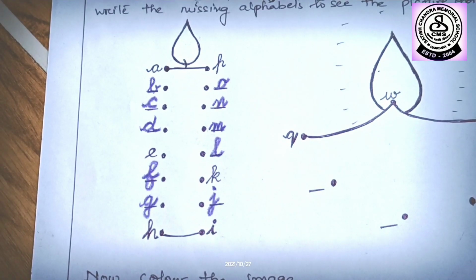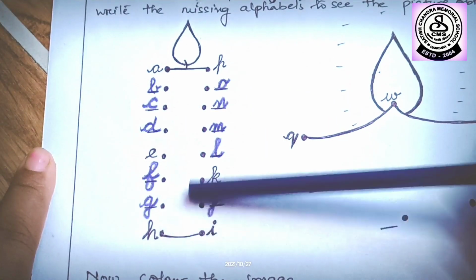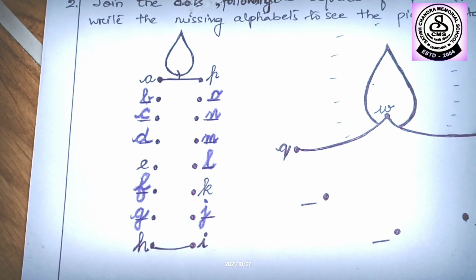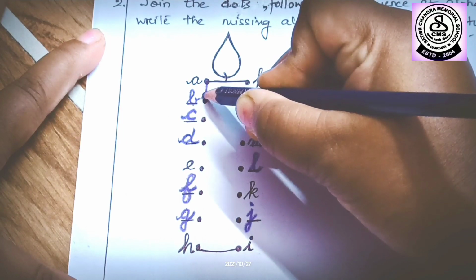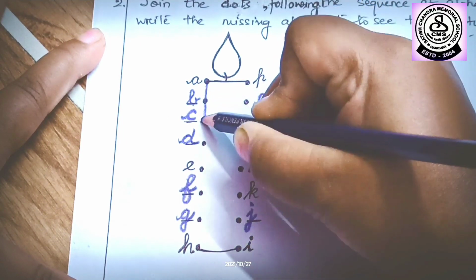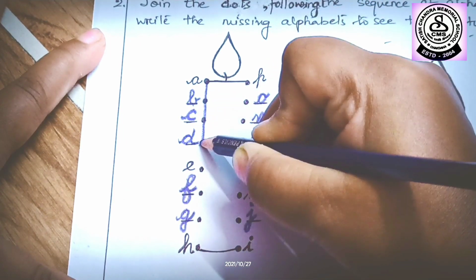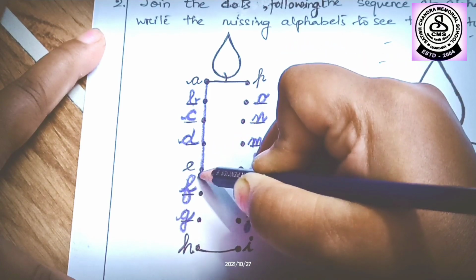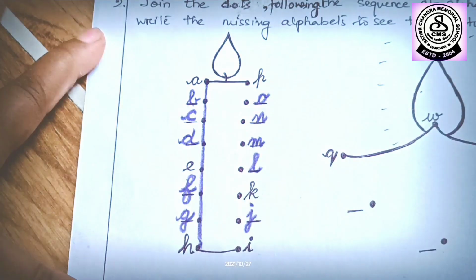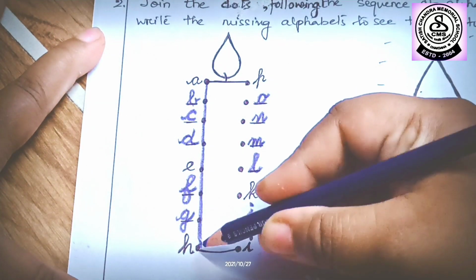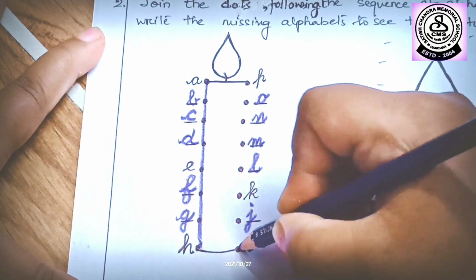Now since we have filled up all the missing alphabets, now let's join the line. So A, B, C, D, E, F, G, H. Already from H to I line has been joined.